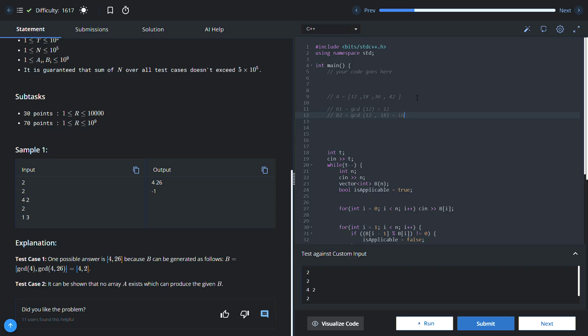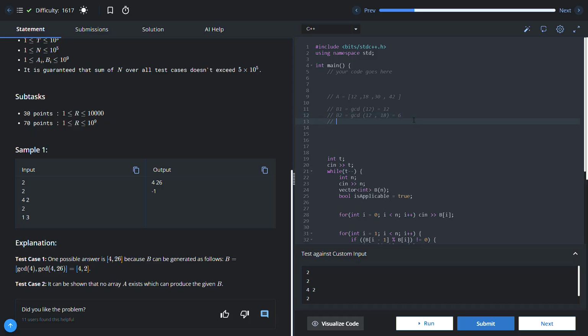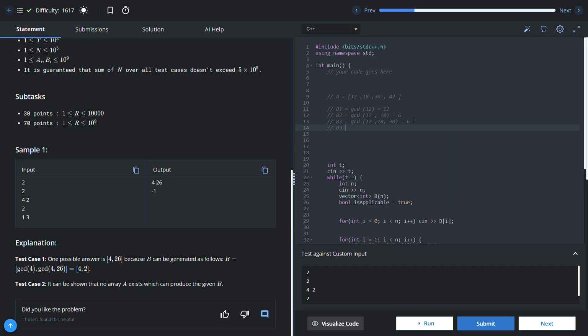Now B3 is equal to GCD of 12 comma 18 comma 30. This is again 6. B4 is equal to GCD of 12, 18, 30, 42, which is again 6.